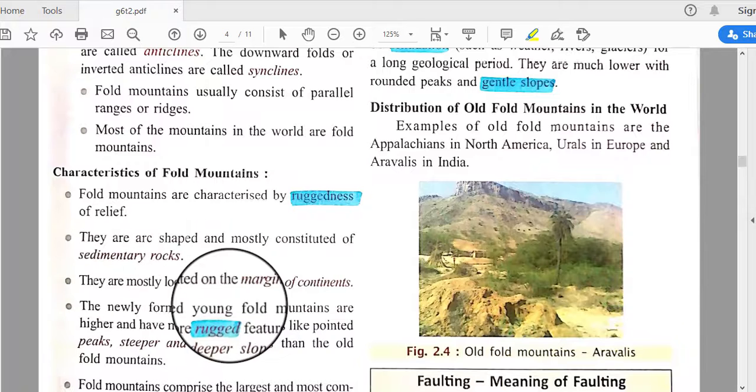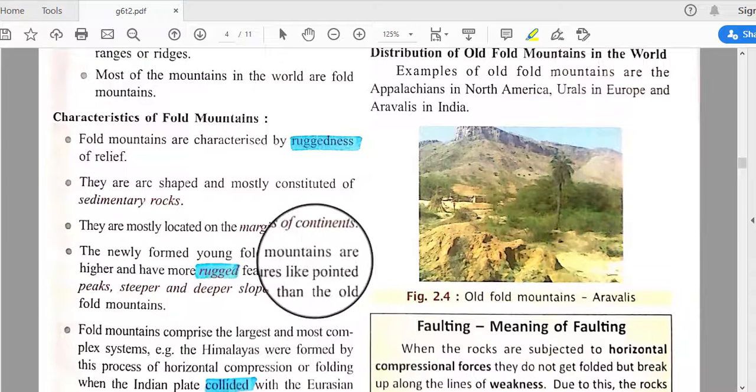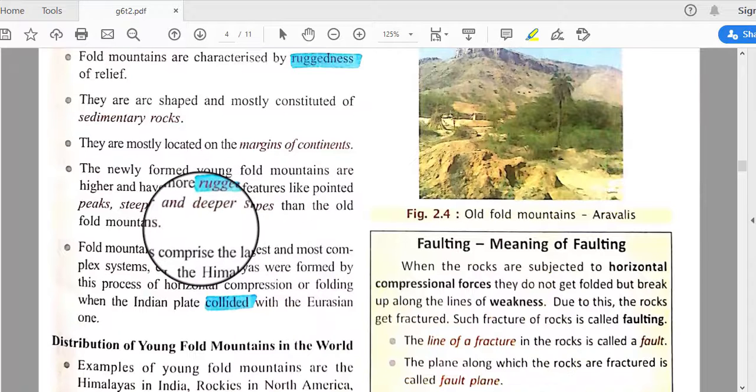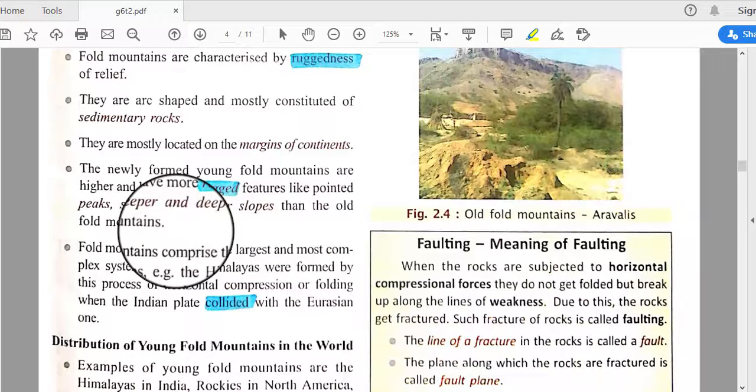They are mostly located on the margins of continents, and the newly formed young fold mountains are higher and have more rugged features like pointed peaks, steeper and deeper slopes than the old fold mountains. The old fold mountains are lower in height compared to the young fold mountains, because these are young in nature and their peaks are very steep, so ruggedness is very high in these places.